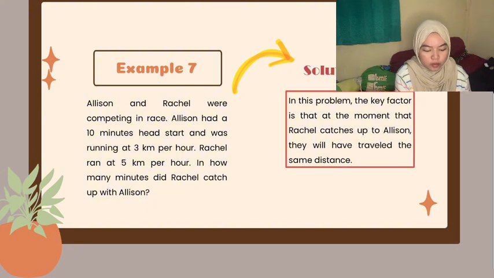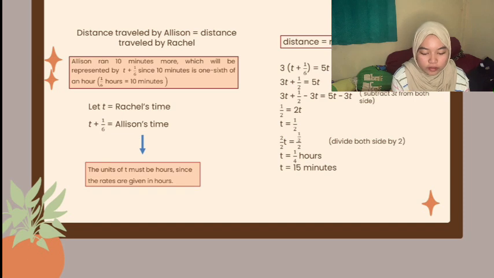Solution: in this problem, the key factor is that at the moment that Rachel catches up to Alison, they will have traveled the same distance. Distance traveled by Alison equals distance traveled by Rachel. Alison ran 10 minutes more, which will be represented by t plus 1 over 6, since 10 minutes is 1/6 of an hour.